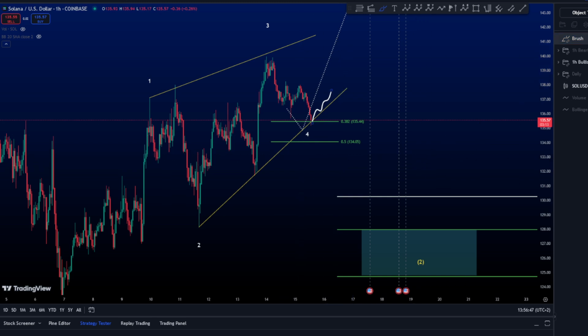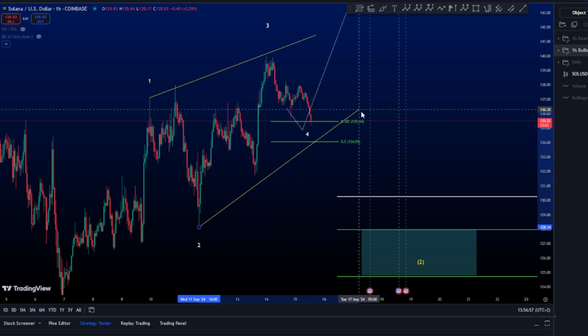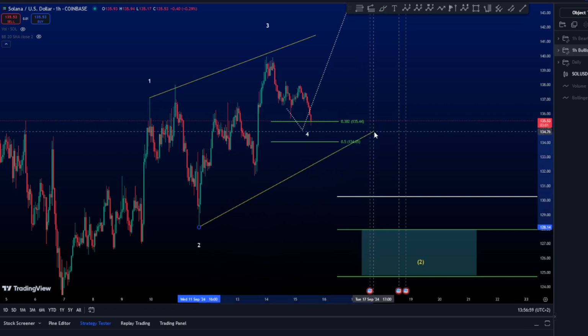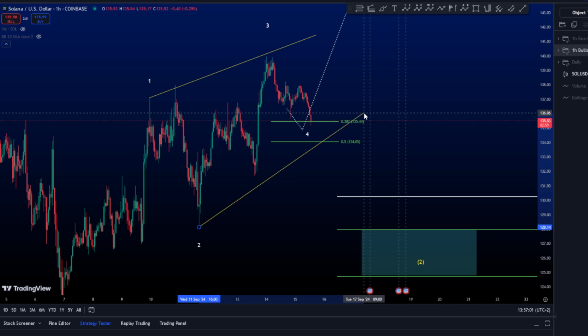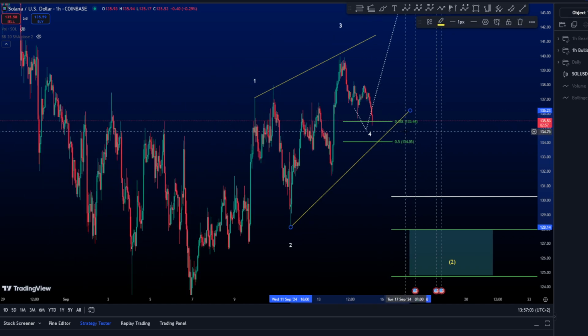However, it is risky to take it directly from here, because we might even go lower for the 0.5 as well. It's very, very possible because it is still very open as a diagonal.